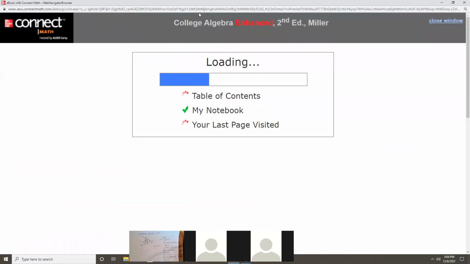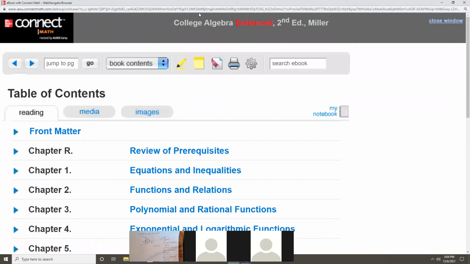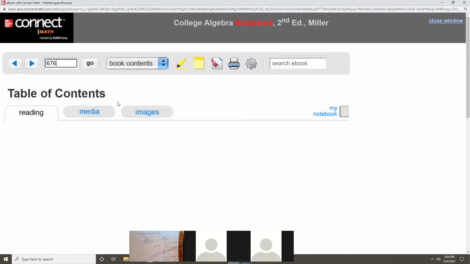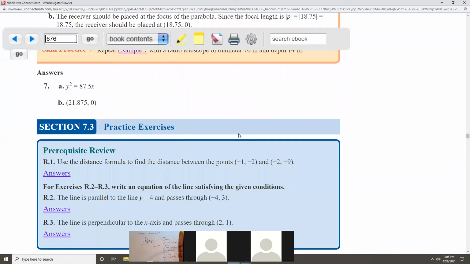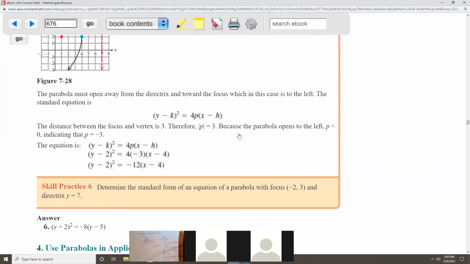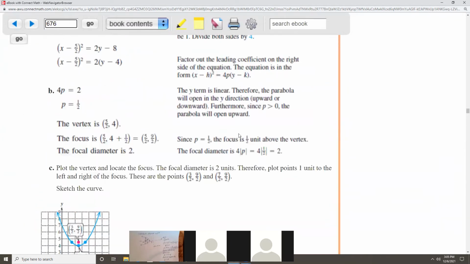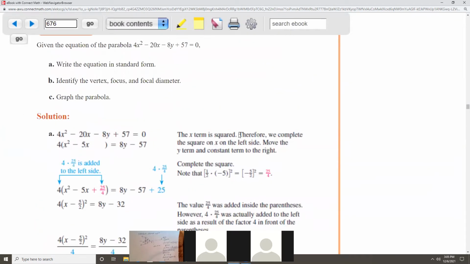All right, so we're going to go to our textbook now, and we're going to go to page 676. So this gets us into our problems for section 7.3 involving a parabola. As always, ladies and gentlemen, feel free to look at the examples. Your author does a pretty good job in your textbook of laying out the examples in color too.